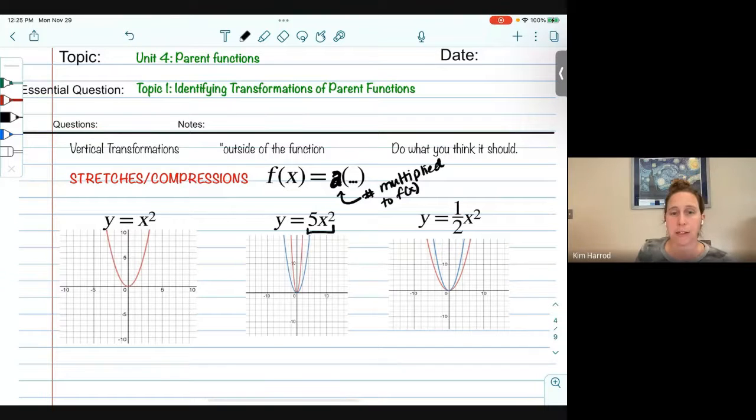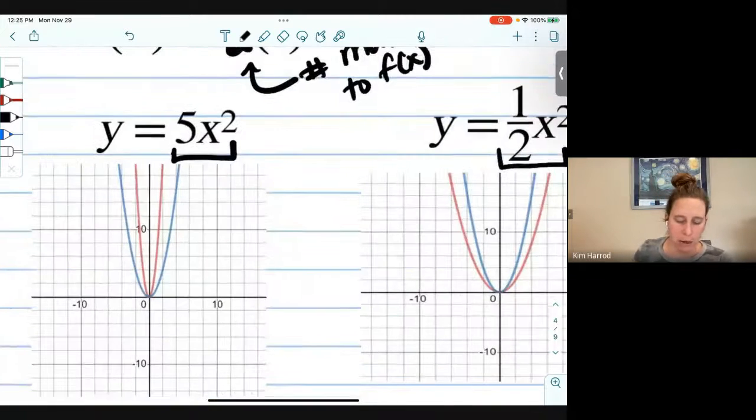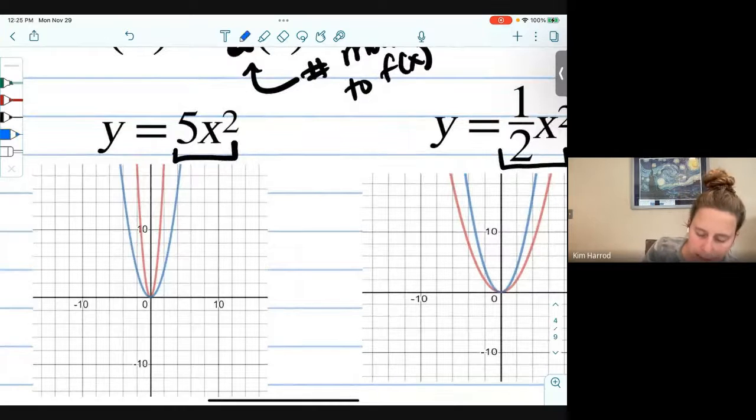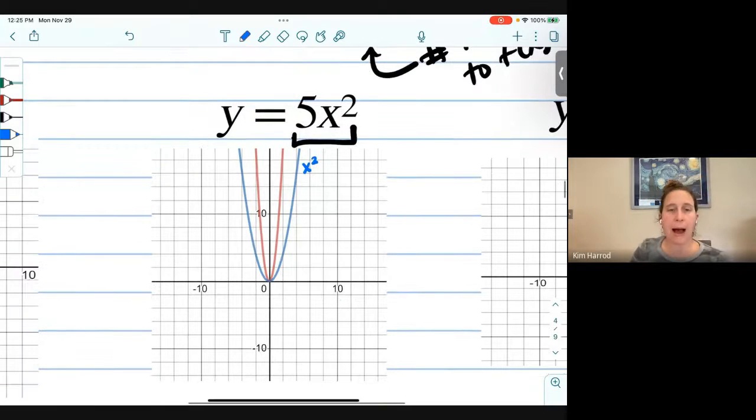I have 5x squared and I have 1/2 x squared. And so we're taking our original parent function, in this case, the blue one. The blue one is x squared in both of these. And when I do 5x squared, what's happening there is what we're going to call a stretch.